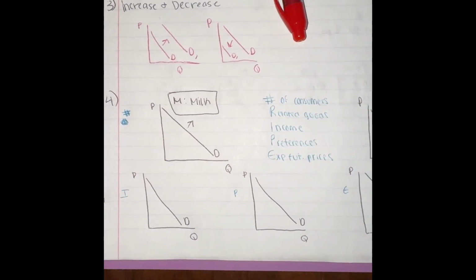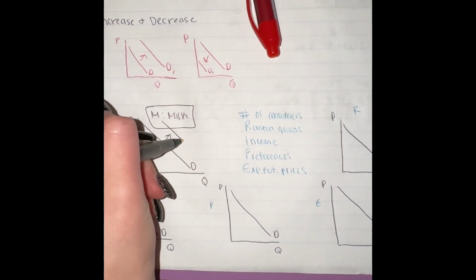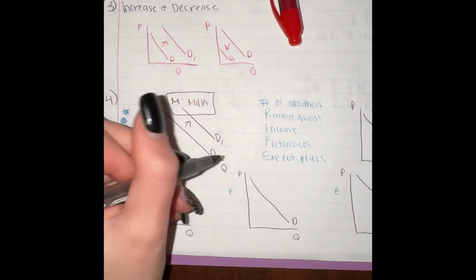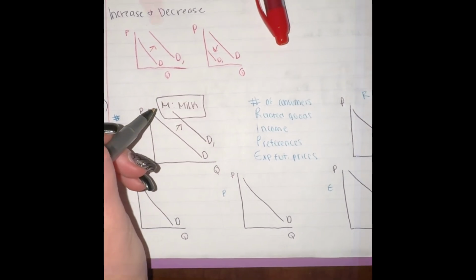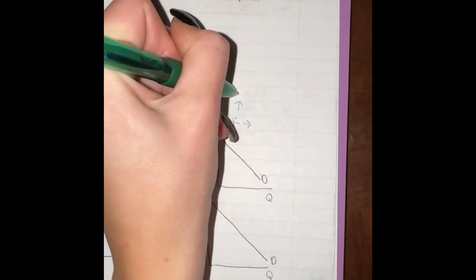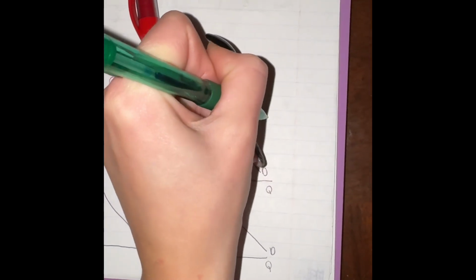If our number of consumers increased, we'd have an overall increased shift in demand, with quantity increasing and price also increasing. Our next example is related goods. This includes substitutes and complements.